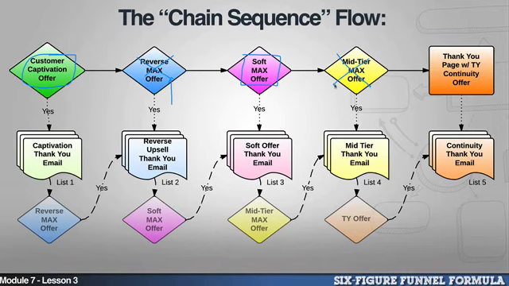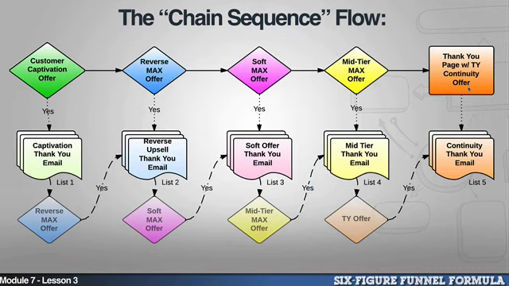Now, if they skip this, they're going to go into this soft offer thank you sequence, and they're going to get a second chance offer for this. It doesn't go backwards in value. It continues to go forward in value, for you to put higher and higher value offers out in front of your new customers. And then it'll pick up here and do the same thing with the thank you offer and so on.